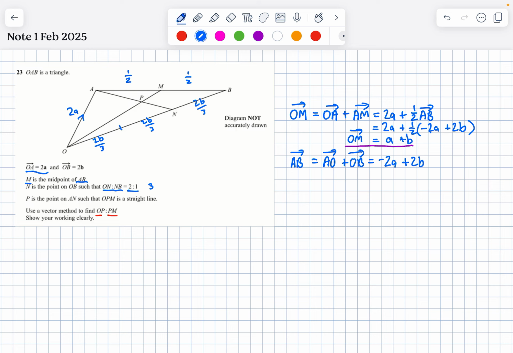Now, the question also tells me that P is the point on AN, so OPM is a straight line. I've got OM, and I think I need to work out what AN is.